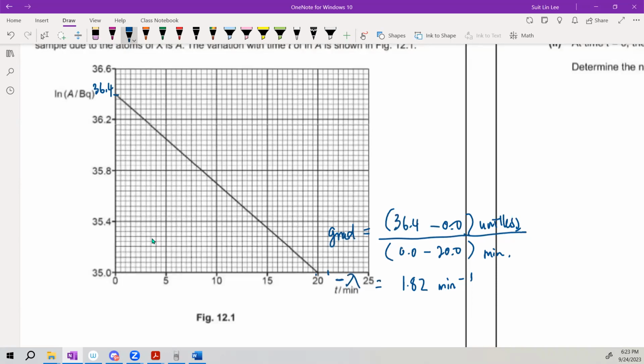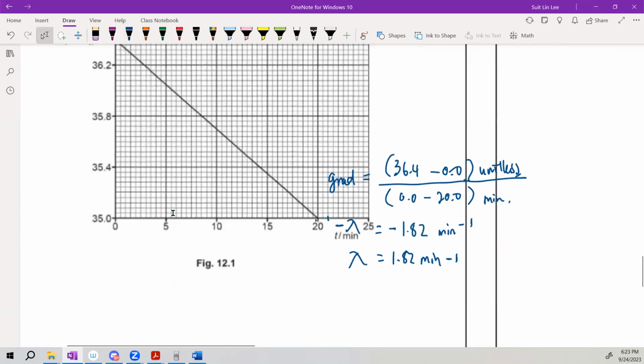So negative lambda is negative 1.82. Lambda is 1.82. Is it SI? Nope. Do I care? Nope. Because my final answer is in minutes, right? So ln 2 over half-life is 1.82 minute^-1.